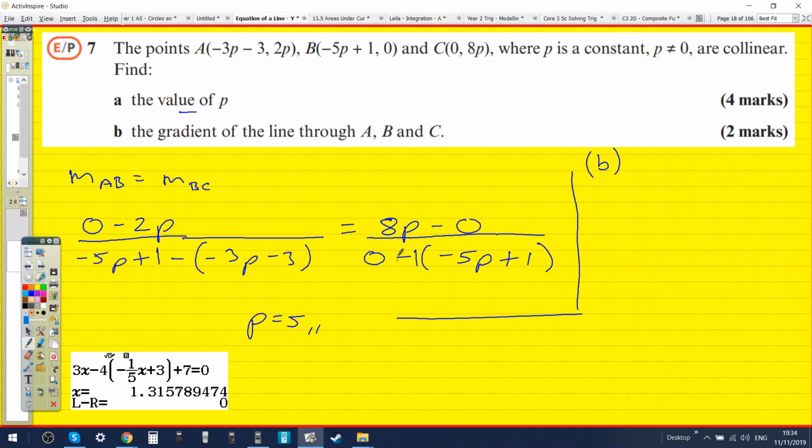Oh, why is this happening to me? Hang on. So 0, where is it? That one was 0 minus 5p plus 1. And when we expand that bottom thing, we get 0 plus 5p minus 1, which simplifies down to 5p minus 1.